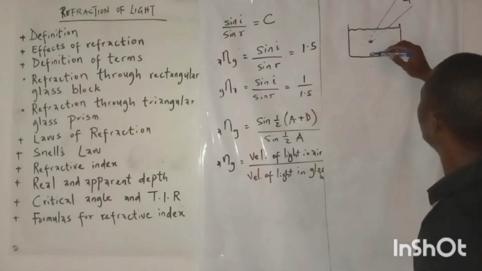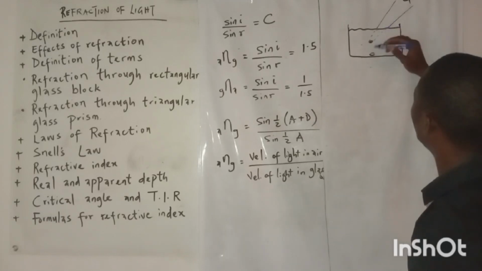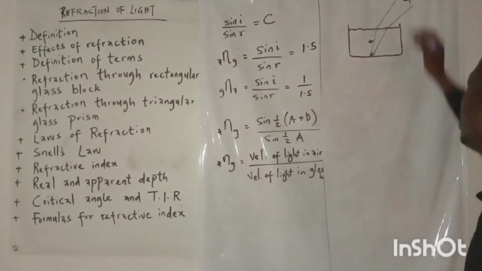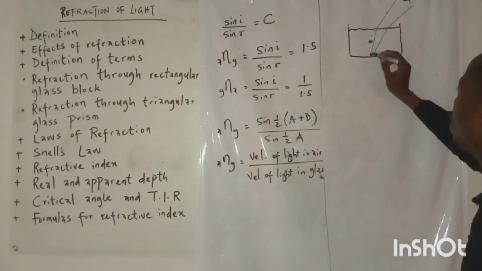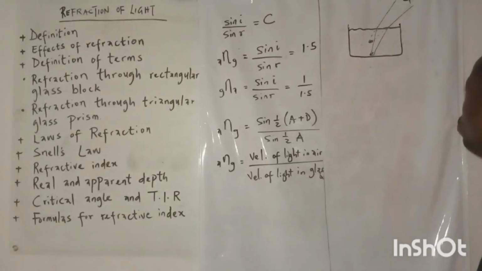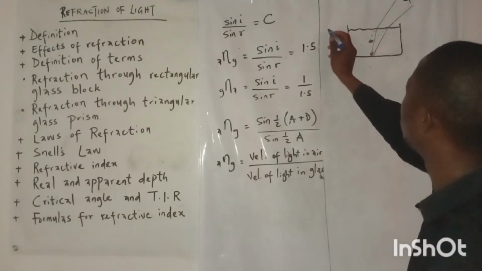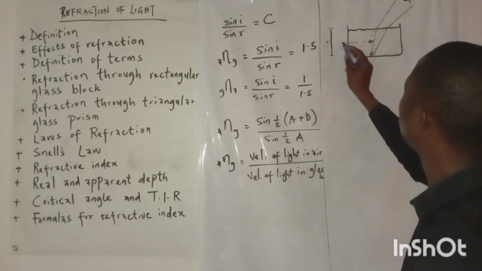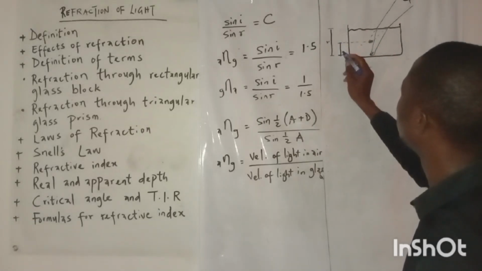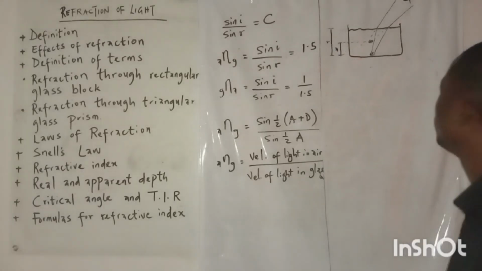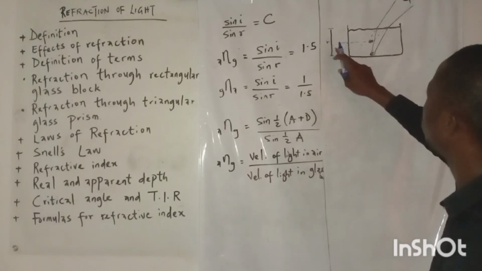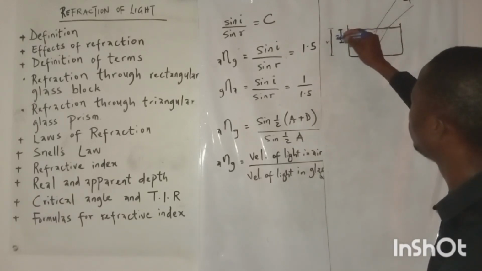The reason is not far-fetched. It's because of refraction. So with the eyes, we see it to be here, whereas in reality it is deeper than it appears to be. So this is the real depth, and this depth is the apparent depth.